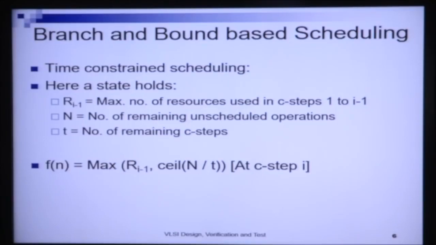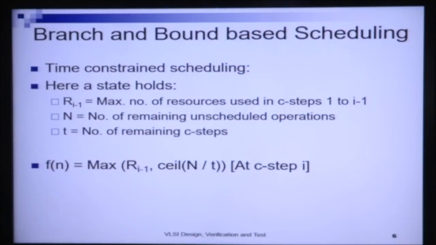What is the solution? We again said a path from the root to the leaf in the state space tree is a solution, is an enumeration of that solution. So in that path, if the maximum number of resources that has been consumed at a time step is 3, there is no way that I can produce a schedule with this path that consumes less than 3 resources.